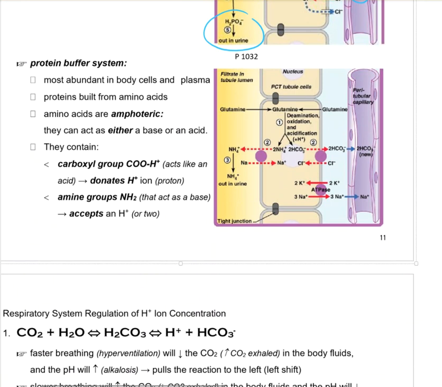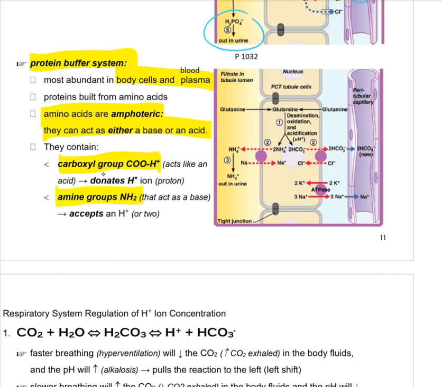Our third one is the protein buffer system. Now in the protein buffer system, we tend to see this in body cells and blood plasma, right? And this is coming from the amino acids, and amino acids are amphoteric, which means that they can either act as an acid or a base. And this is because they have a carboxyl group, which you might remember from your intro bio, and an amine group.